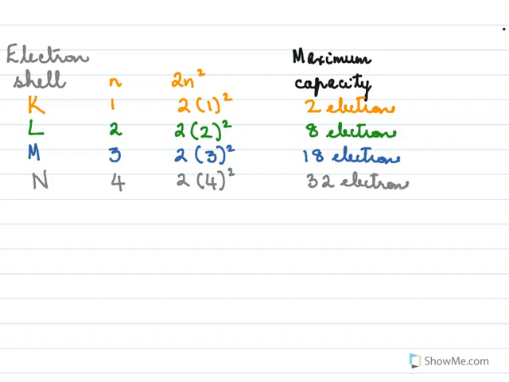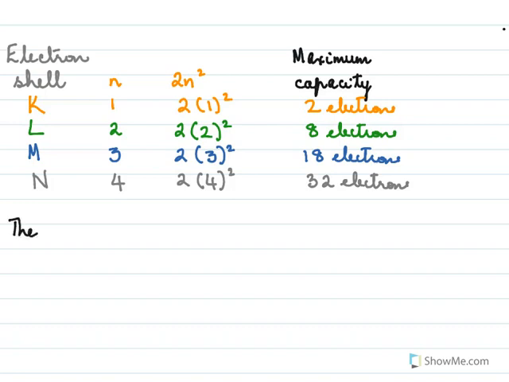Now, however, although the M shell can hold 18 electrons, once an orbit has got 8 electrons, it becomes stable and it does not hold more than 8 electrons.